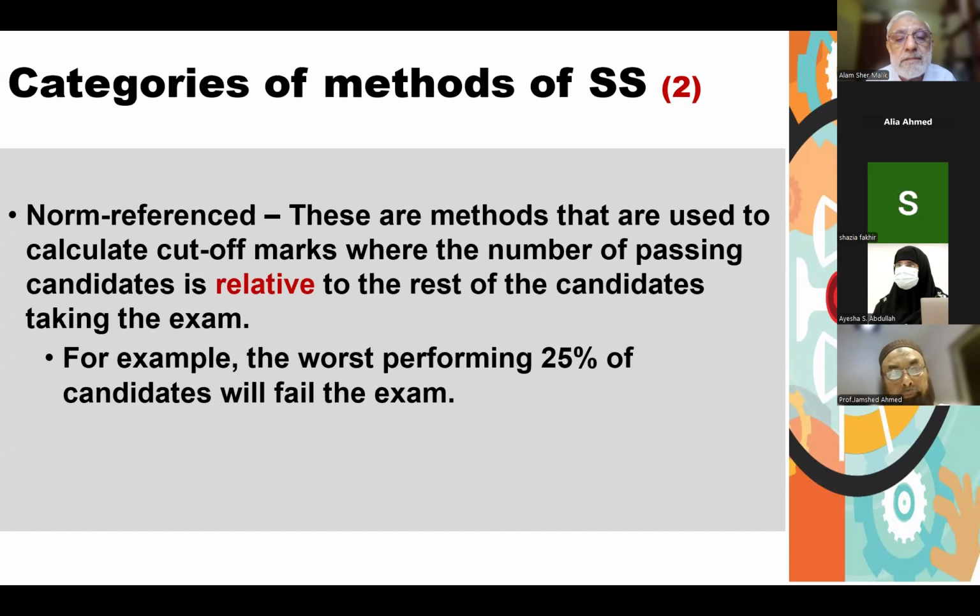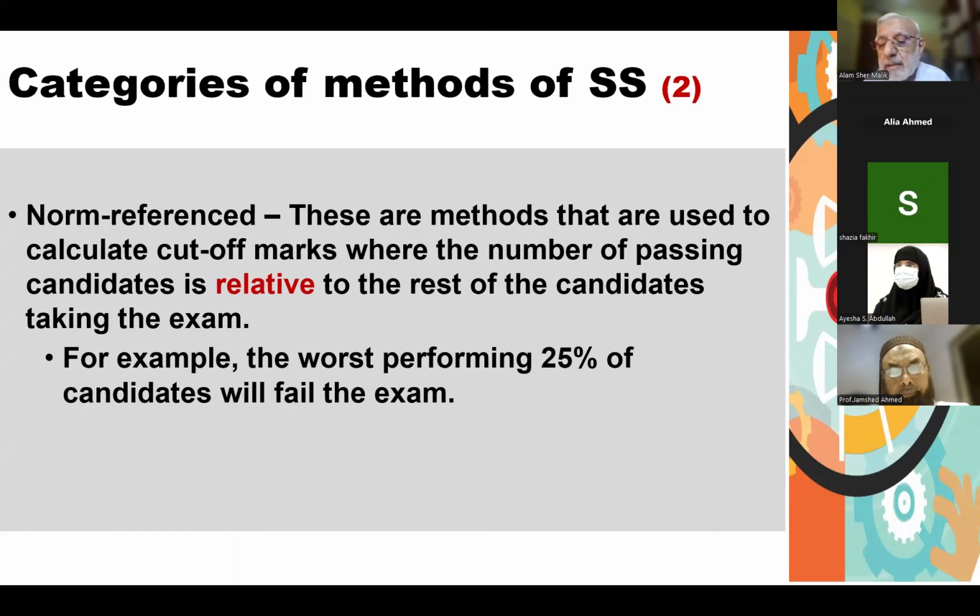Norm referenced methods are used to calculate cutoff marks where the number of passing candidates is relative to the rest of the candidates. So here there is no criteria, but the student's performance in relation to their other peers.